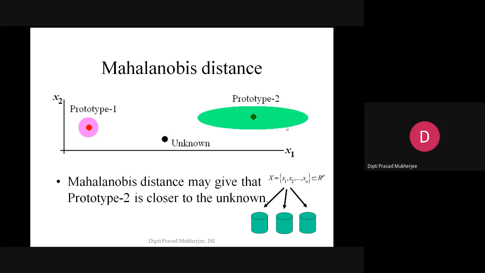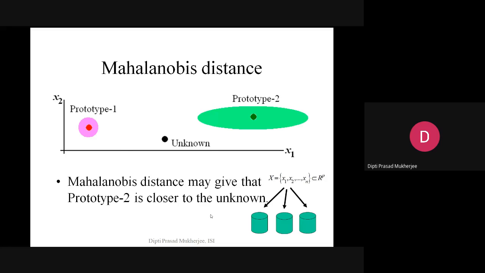So if there is less variation in rose and more variations in chrysanthemum, then the unknown may be mapped to the chrysanthemum compared to the red ones. And this brings in new definitions of the distances, and our traditional idea of Euclidean distance might not work in such a complicated scenario.